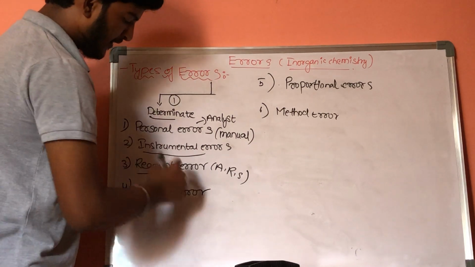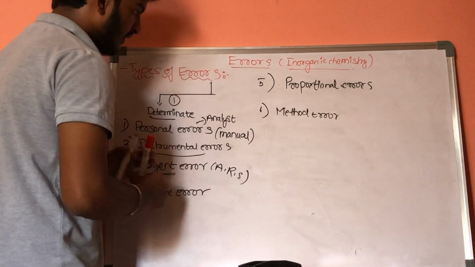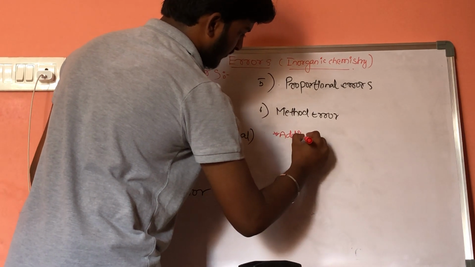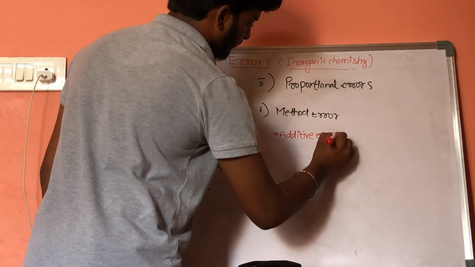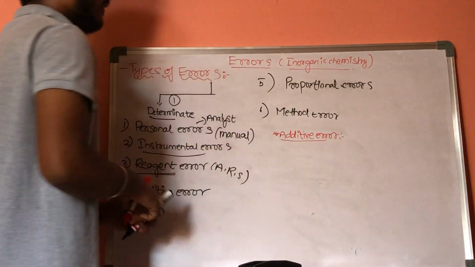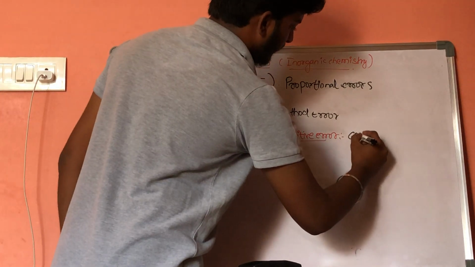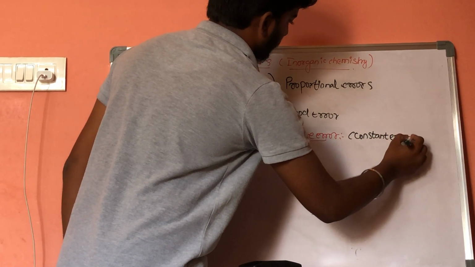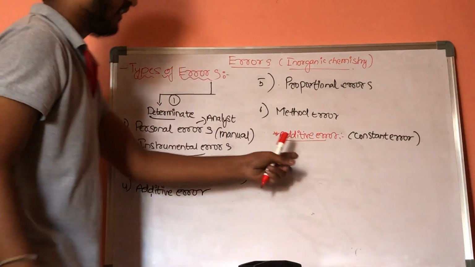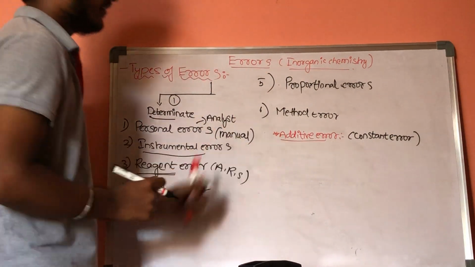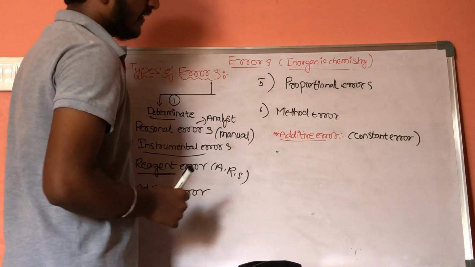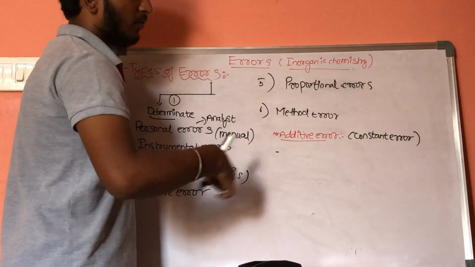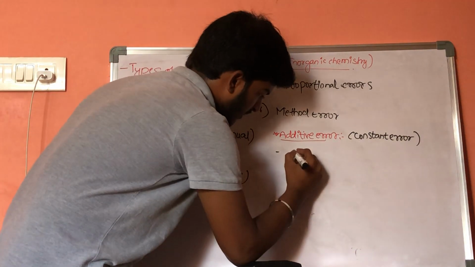Now coming to the additive error. What is additive error? This additive error is also called constant error, meaning the error which is formed during the analysis process will remain constant throughout the analysis process.